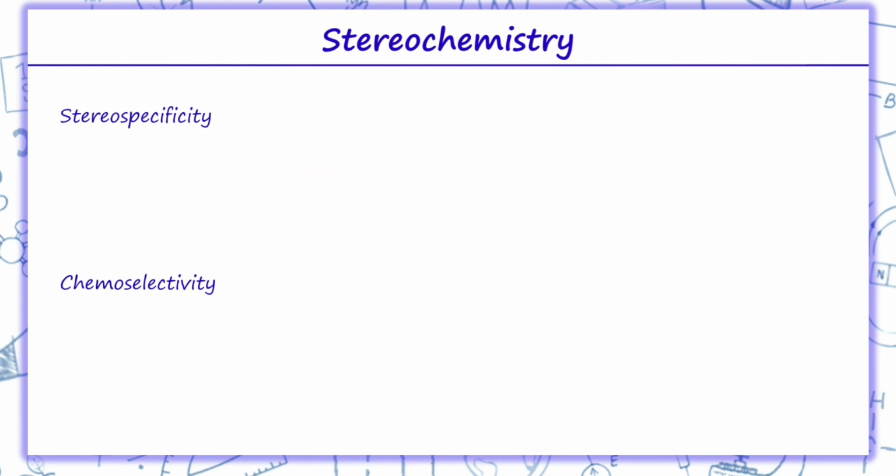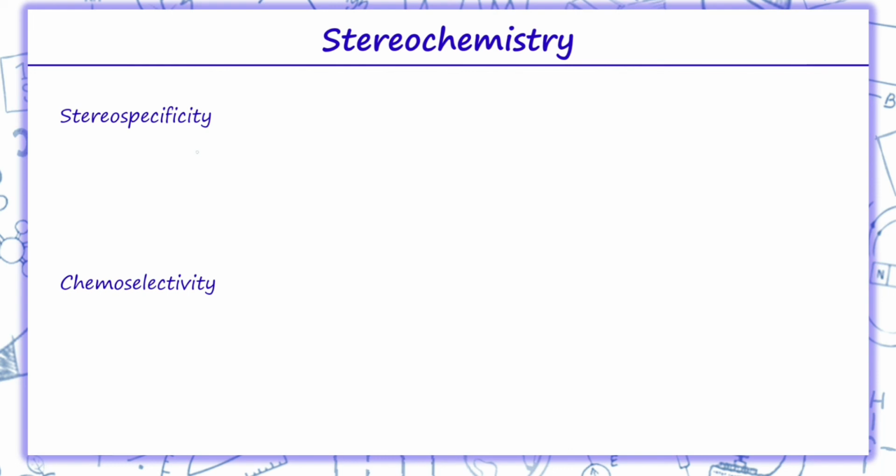Coming on to stereospecificity. Stereospecific reactions lead to the production of a single isomer as a direct result of the mechanism of the reaction and the stereochemistry of the starting material. There is no choice. The reaction gives a different diastereomer of the product from each stereoisomer of the starting material.